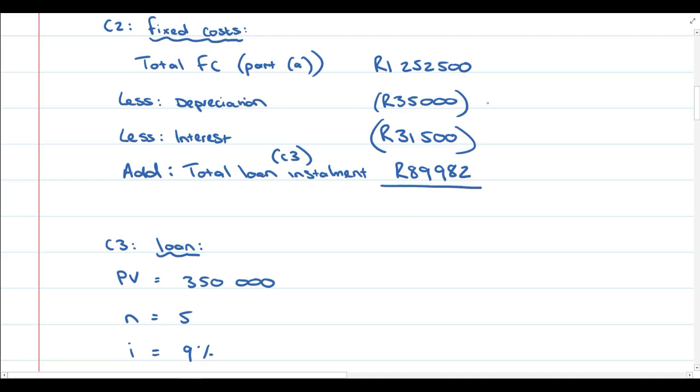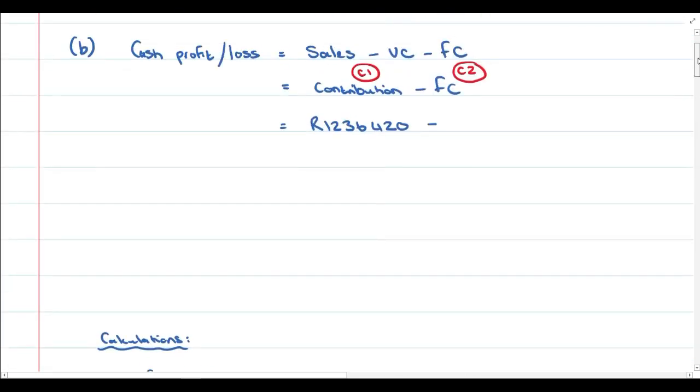All right, so that gives us our total cash fixed costs. Right, so if you perform this calculation, you'll see we have a loss there of 39,562.